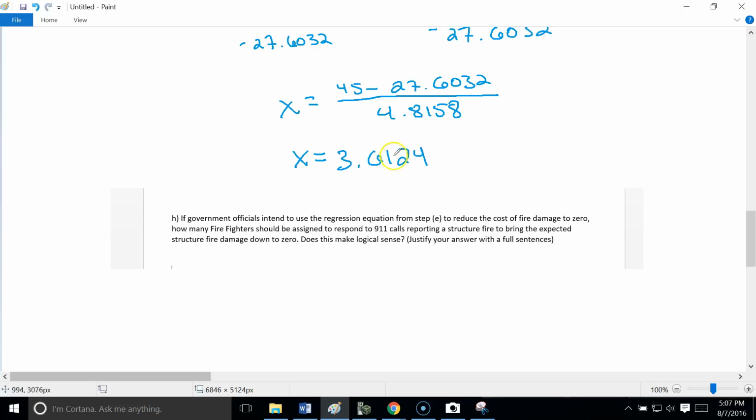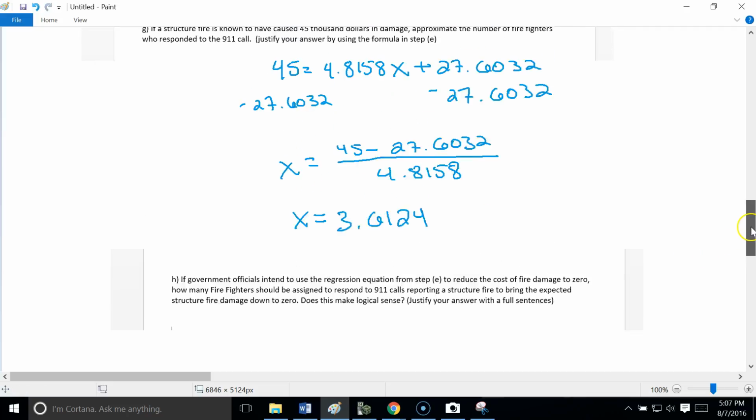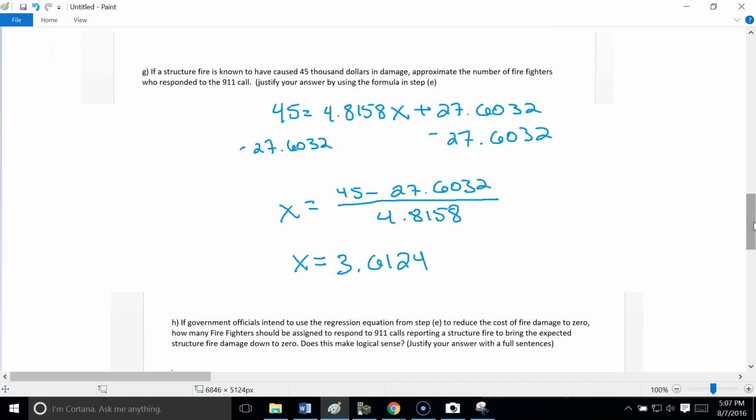Okay, so we can round this to the nearest firefighter and be 4. So this is stating that if there was a structure fire with $45,000 in damage, then we estimate that about 4 firefighters were assigned to the fire.